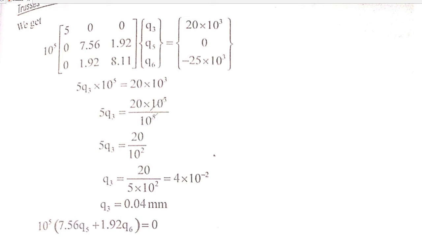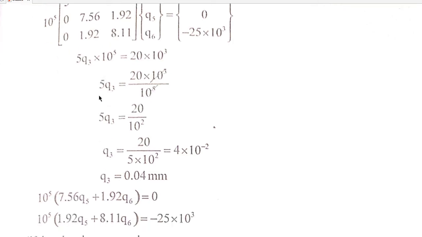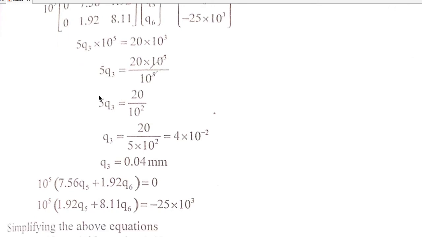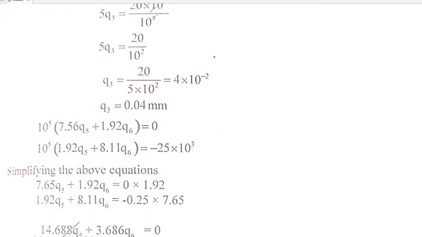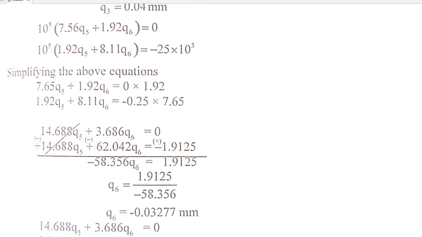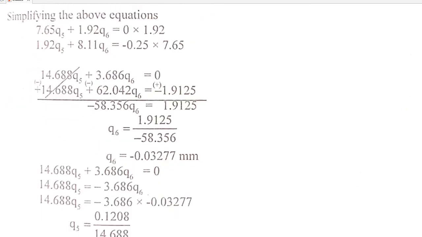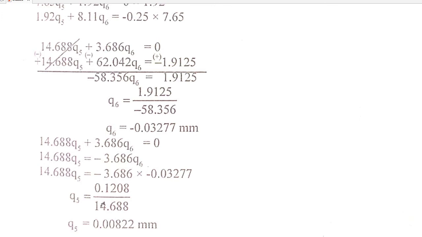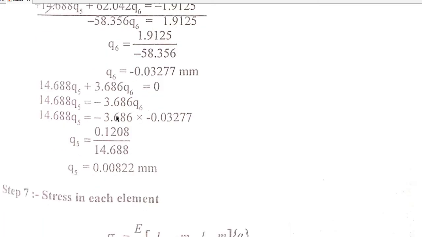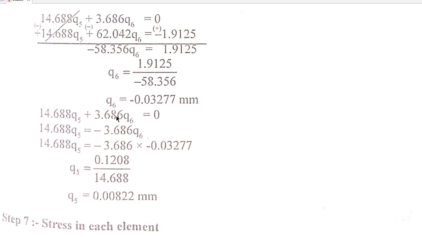Q3, all of you got 0.04. Q5 is 0.008, correct.